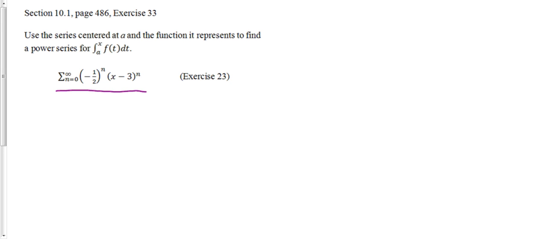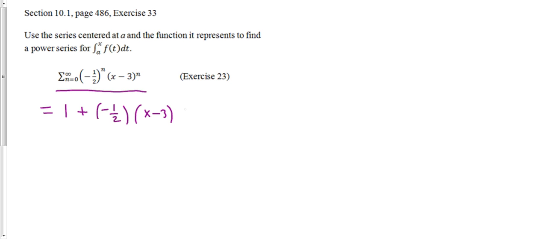Now, it might be useful to figure out what function this represents and what the interval of convergence is. So let's start by writing out the first few terms. The n equals 0 term is going to be 1. The n equals 1 term is going to be -1/2 times (x minus 3).